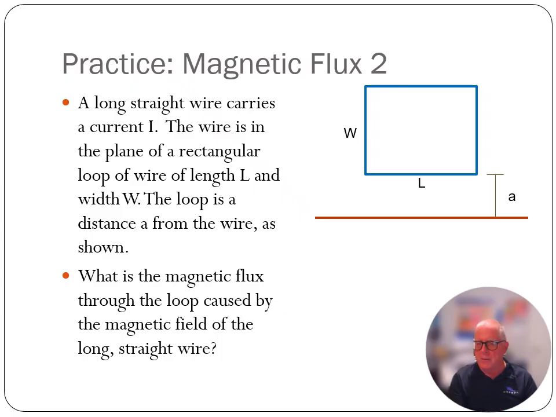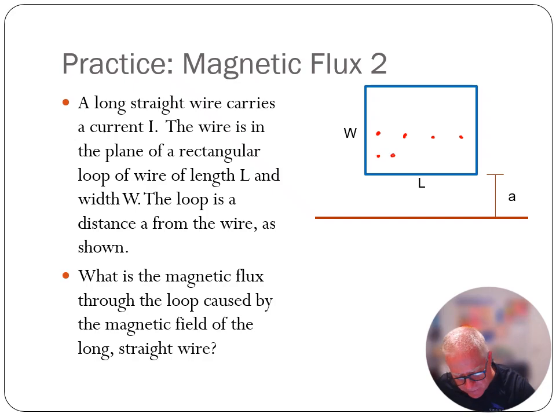Your thumb points along the wire, and the curl of your fingers shows how the magnetic field produced by that wire wraps around that wire. As you can see here, since our fingers are coming out of the plane of the board, we must have a magnetic field that is coming out of this plane.